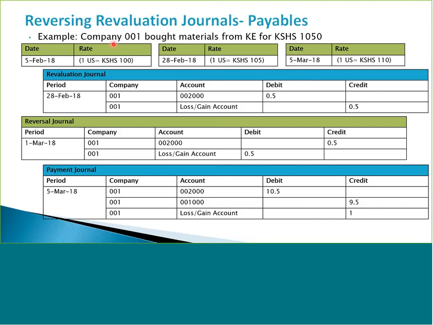So for example, look at this case. For payables, we entered the transaction when the exchange rate was $1 US to 100 Kenya shillings. We did our revaluation at the end of the period when the exchange rate was $1 for 100 Kenya shillings. Now, when we finally make the payment, let's say on the 5th of March, the exchange rate will be $1 to 110 Kenya shillings.